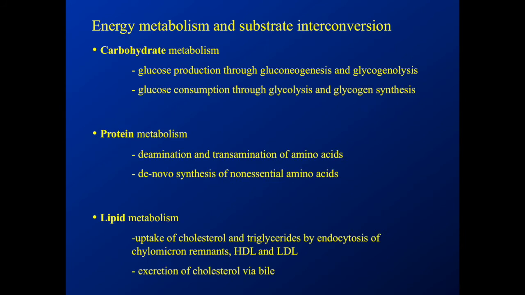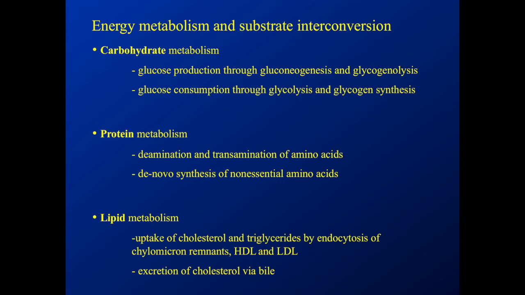So going into these a little bit more, you have energy metabolism and substrate interconversion, and the liver deals with all the macromolecules, carbohydrate, proteins and lipids that come in through the portal circulation. It can create glucose.